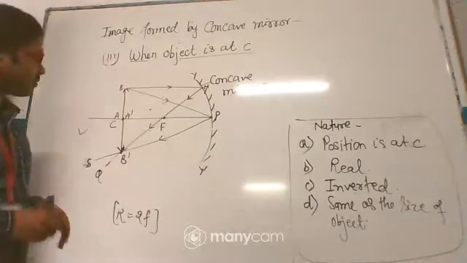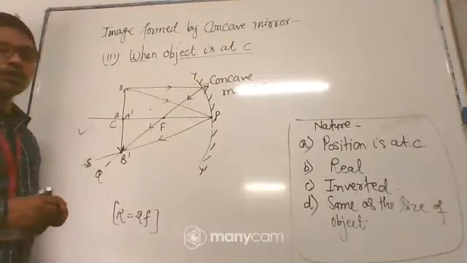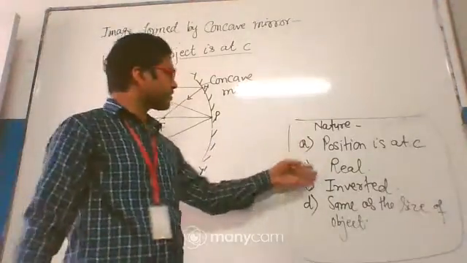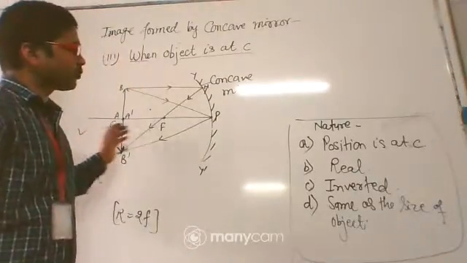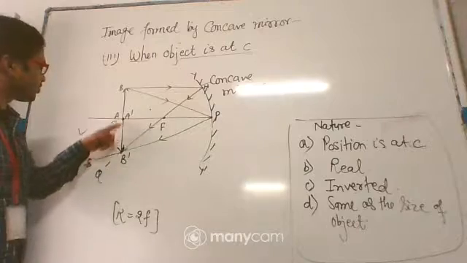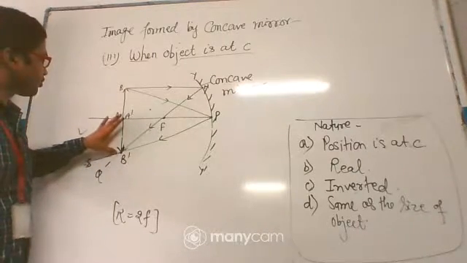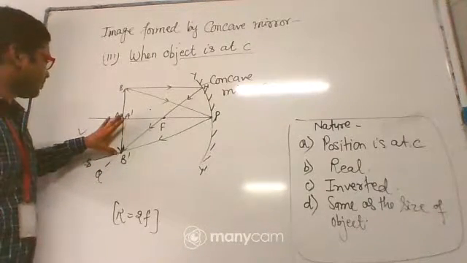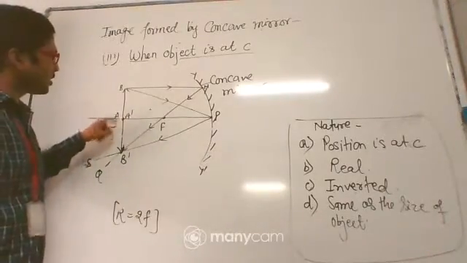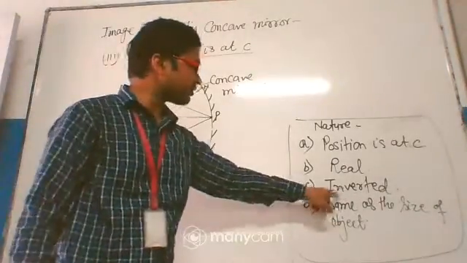So try to complete this one. Pause your video and note it down in your copy. The nature is very interesting. You can see by the ray diagram, the position is at point C. So this is the position of the object, and the same position is taken by the image. But you can see this image is inverted. So this is one of the nature.